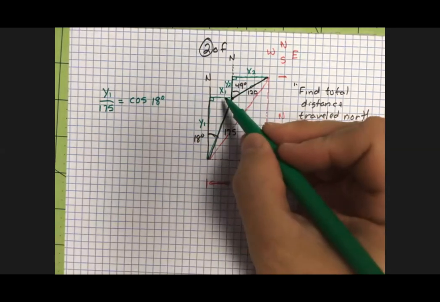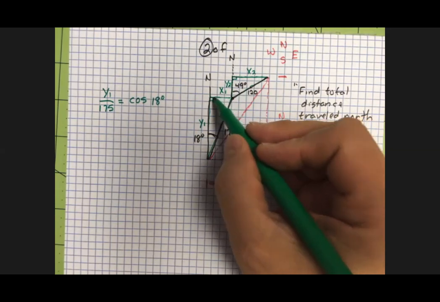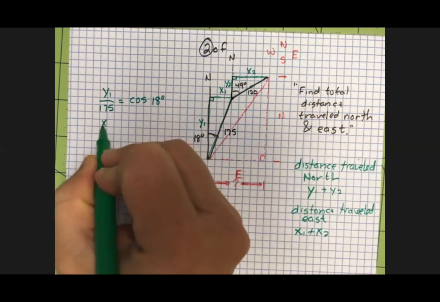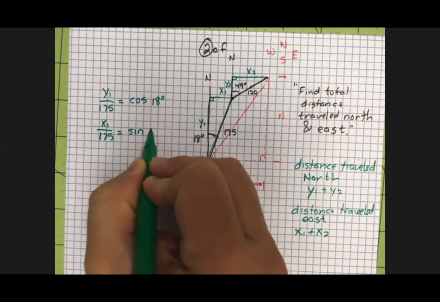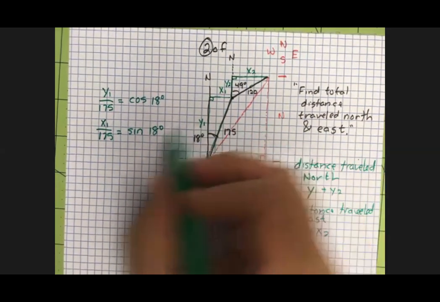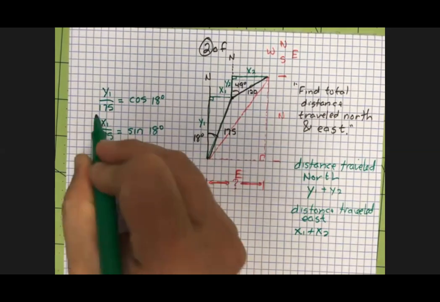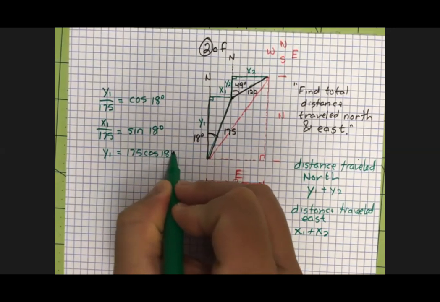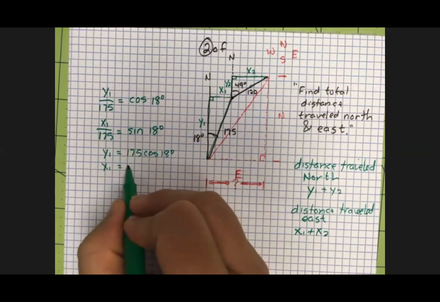Likewise, I guess I could do x1 while I'm here. x1 is the opposite side to 18, opposite over hypotenuse. x1 over 175 is the sine of 18 degrees. So this is our plan. That means y1 is, if you multiply by 175 on both sides, 175 cosine 18 degrees. And x1 is 175 sine 18 degrees.